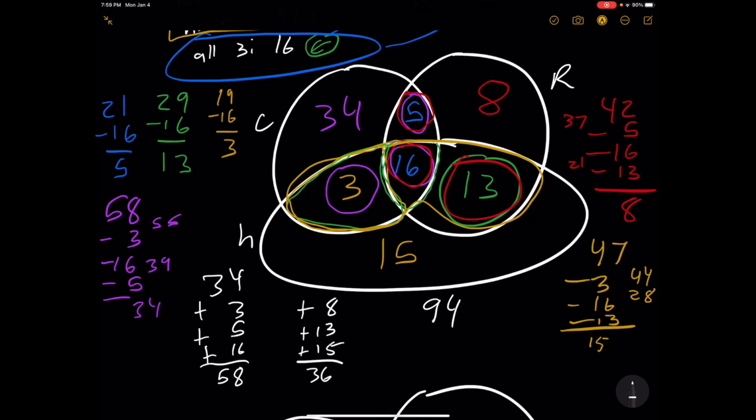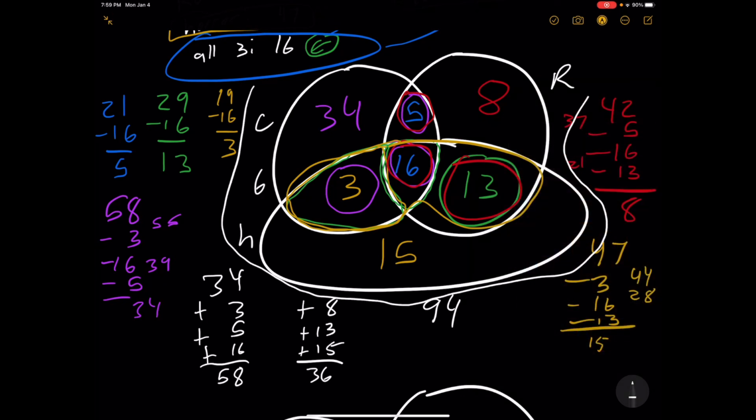So we have less than 100, which is fine, because in the end, we might have some people on the outside. We might have some people who didn't answer, who didn't like any of these categories. So in this case, we're actually left with 6 people who didn't like the categories. That's our little outside of the Venn diagram set.